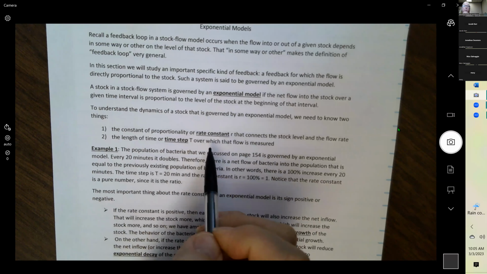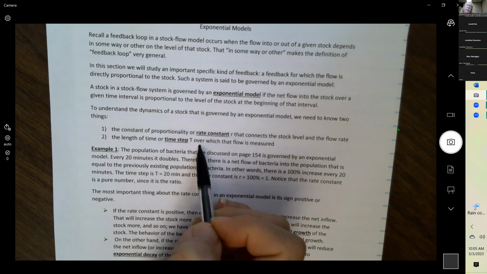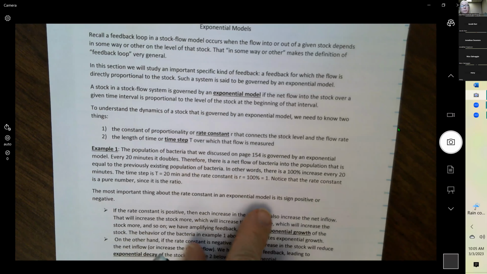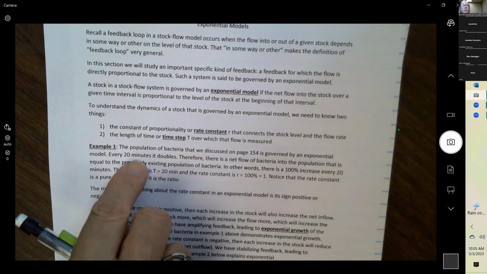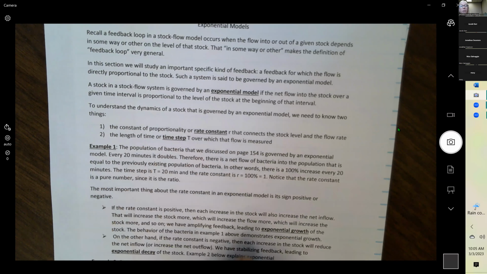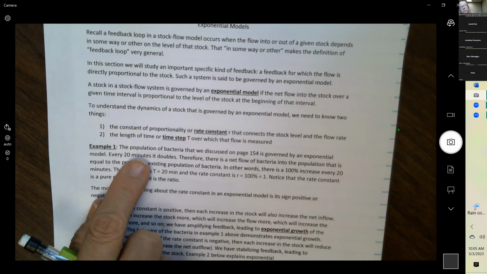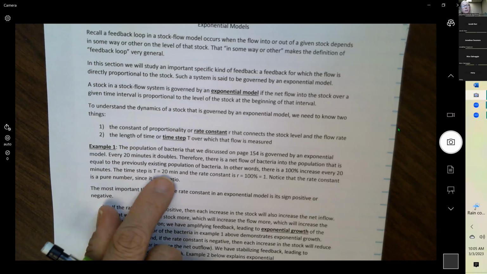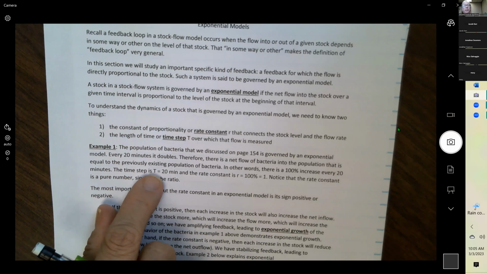But for most of these, it'll be per year or, like this one, it doubles every 20 minutes. So your T is 20. So the time step is how often that increase is. And in this one, it's a doubling. If it were 5% every month, then this would be a month, or if you're talking a year, 12.